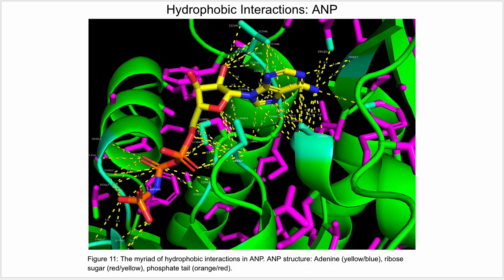Here in figure 11, we can see the hydrophobic interactions of ANP. ANP has a plethora of hydrophobic interactions around its adenine, ribose sugar, and phosphate tail. Furthermore, the hydrophobic interactions in ANP occur between nonpolar and polar atoms.